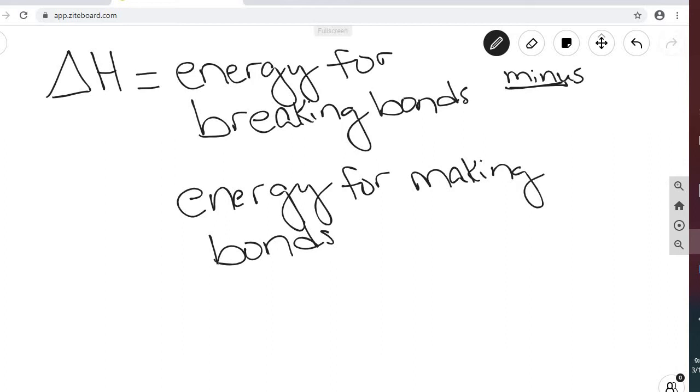So if you have a negative delta H, that means that more energy was used than was released.